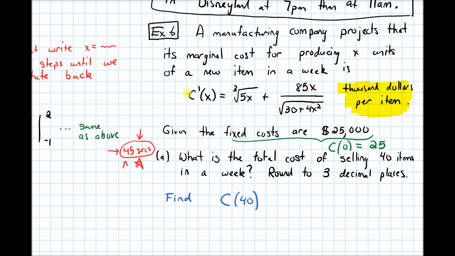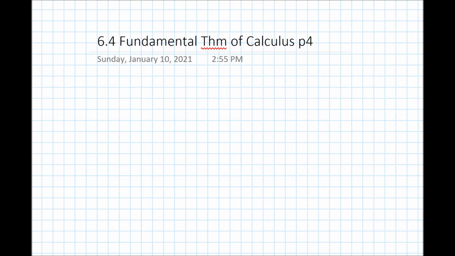We are going to need to find an antiderivative of c prime. So we could do this either with an indefinite integral or a definite integral. I want to, for practice, do it with a definite integral. So if I take a definite integral of my function, cube root of 5x plus 85x over the square root of 30 plus 4x squared dx.